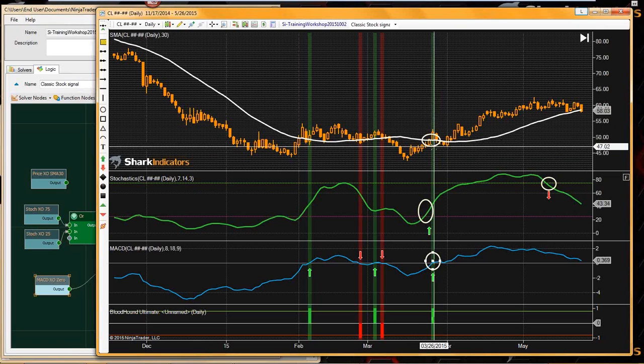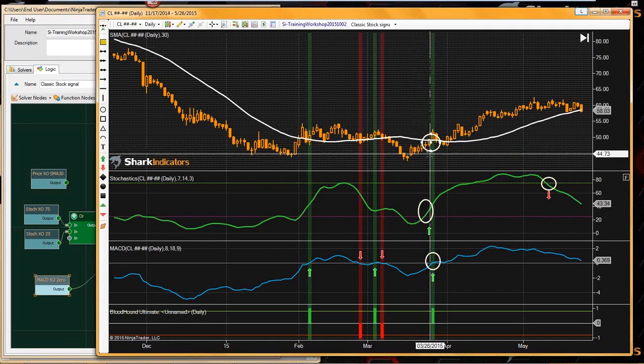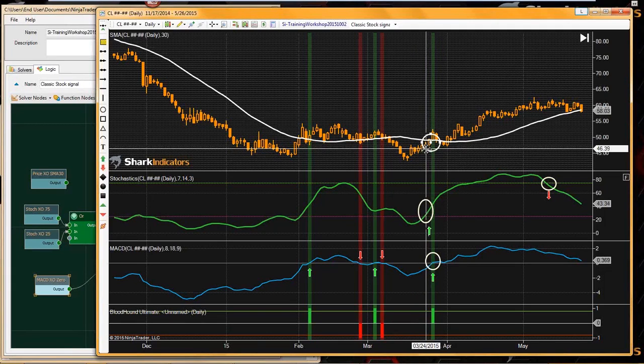Joe's question said that his conditions happen within about 5 bars of each other. So this classic stock signal, the way I learned it, typically needs to happen within 3 days of each other. So that's what this system and Joe's question have in common.